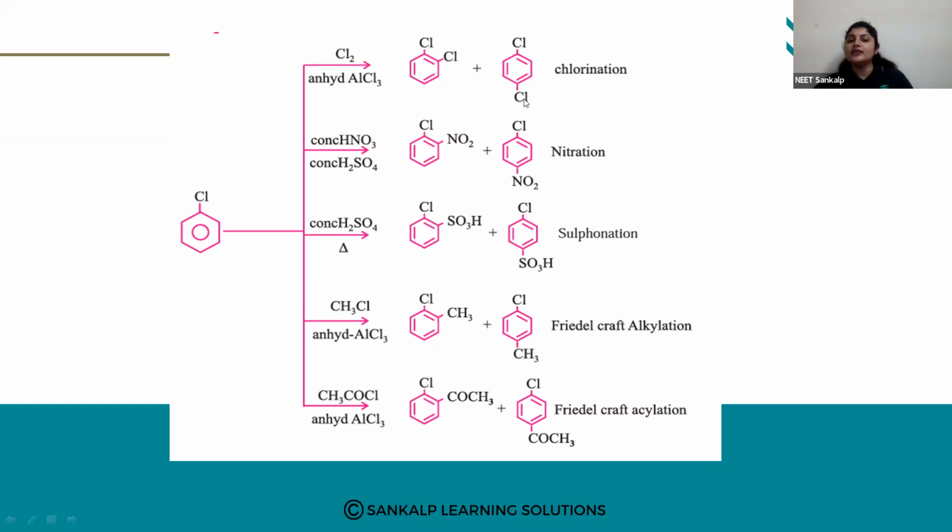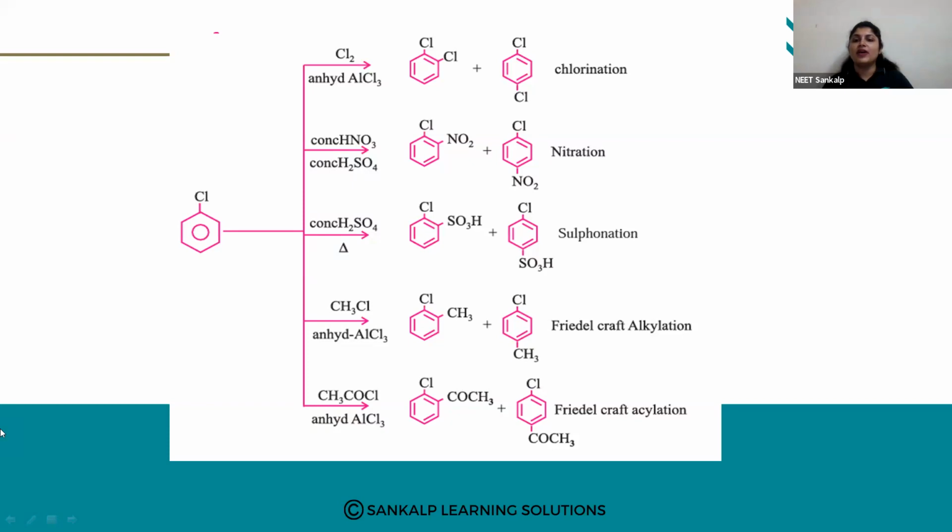So why is it a major product? Can anyone tell me why 1,4-dichlorobenzene is a major product and 1,2-dichlorobenzene is a minor product? Para position and symmetric. Yes, anybody else?